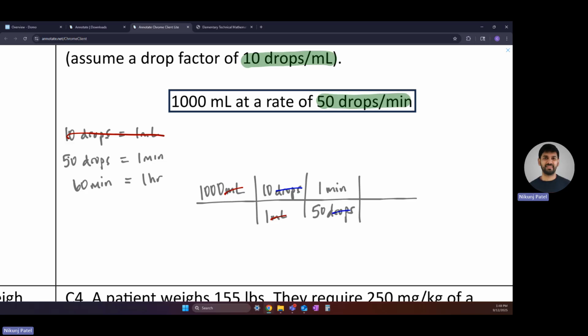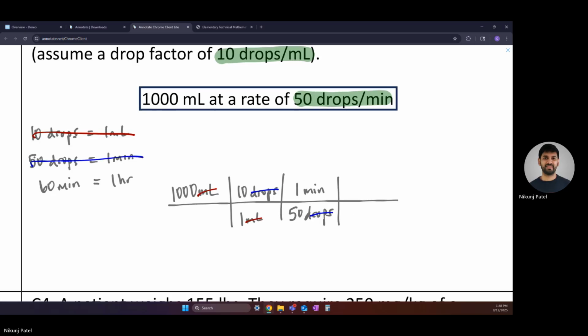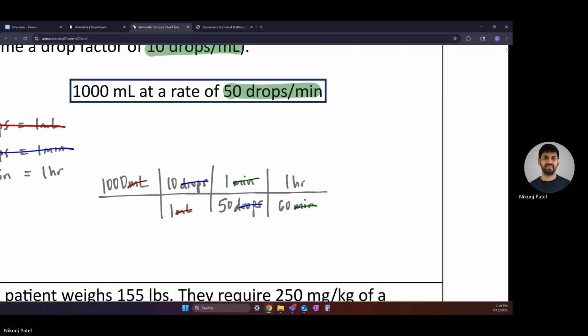So that takes care of our drops. Then we have 60 minutes is equivalent to 1 hour. So the minutes cancel here. And this time everything canceled except for hours, which is what we want our answer to finish in.